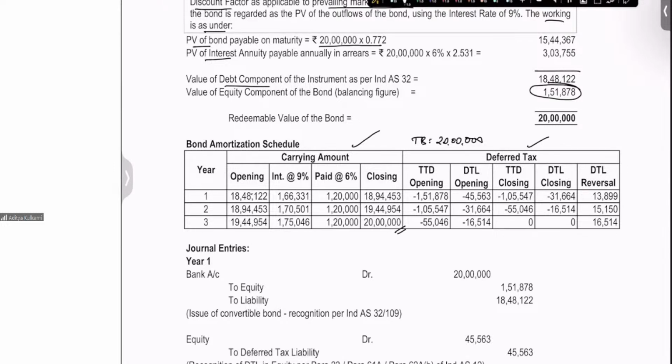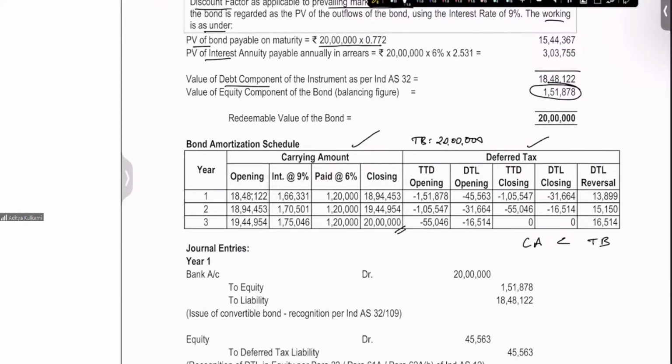This is the amount which has gone in equity, but right now I'm not talking about the equity component. Right now I'm talking about the difference. My carrying amount of the liability is 18,48,000. Tax base is 20 lakhs. So carrying amount is less than the tax base.